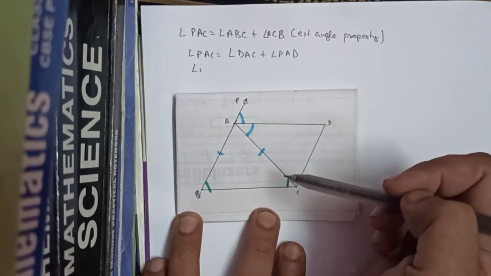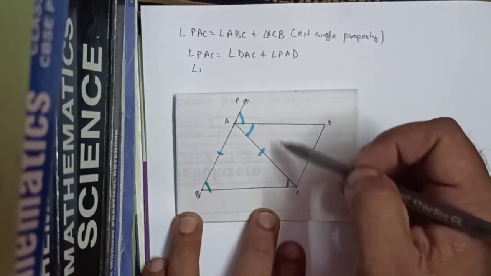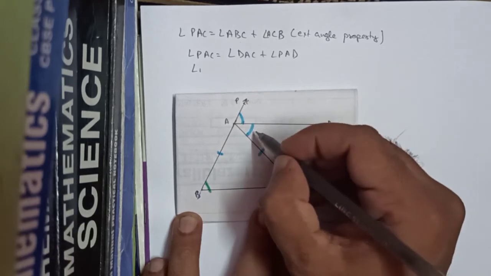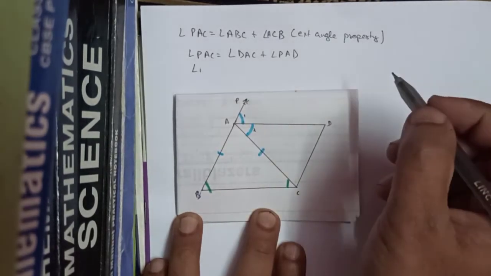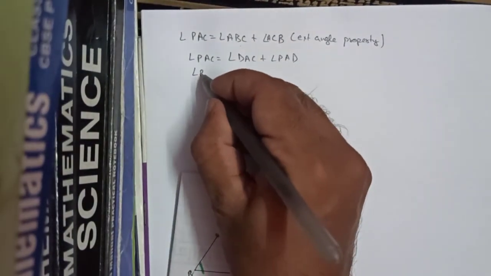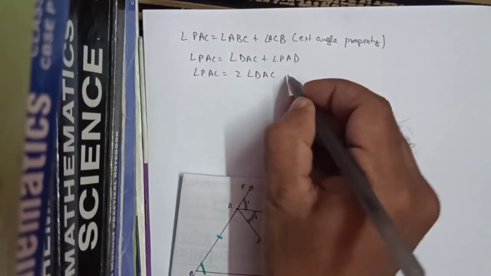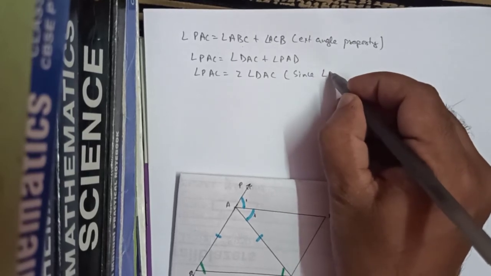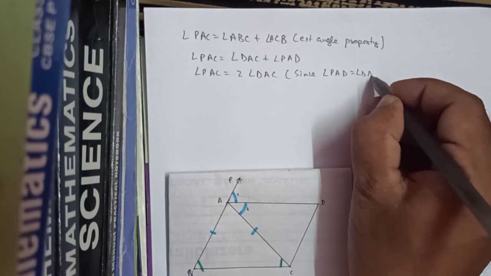Angle PAC is equal to DAC plus PAD, this angle plus this angle. And DAC and PAD are equal, so we can write angle PAC equals 2 times angle DAC, since angle PAD is equal to angle DAC.